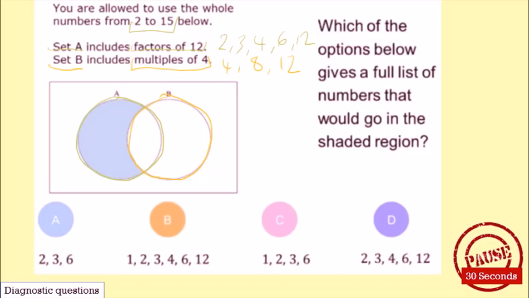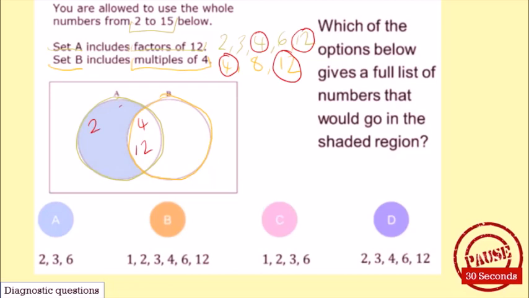Okay, so which numbers are the same in both categories? We have 4, which is the same, and a 12 that is the same. So the 4 and the 12 go in the center. Okay, that 4 and 12 is in set A and set B. So now the numbers that are left over in set A are 2, 3 and 6.